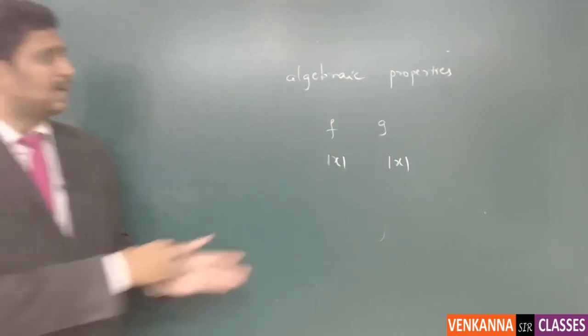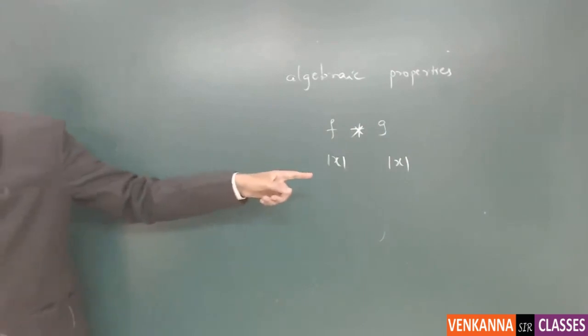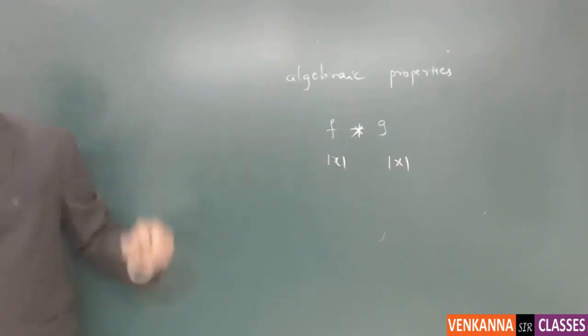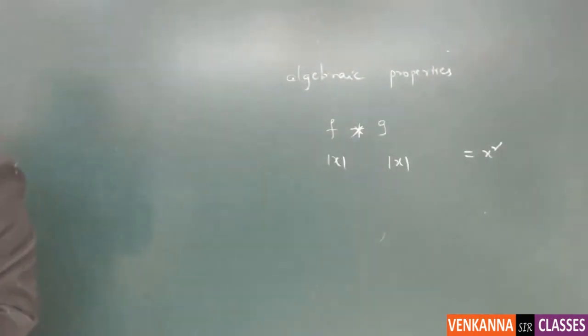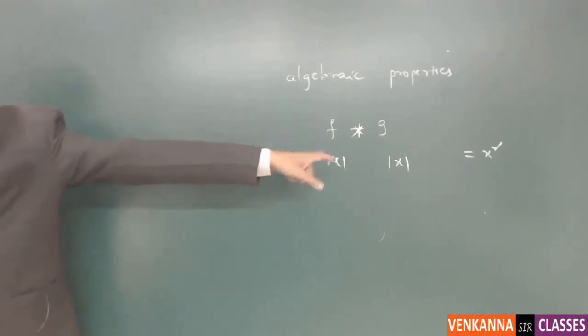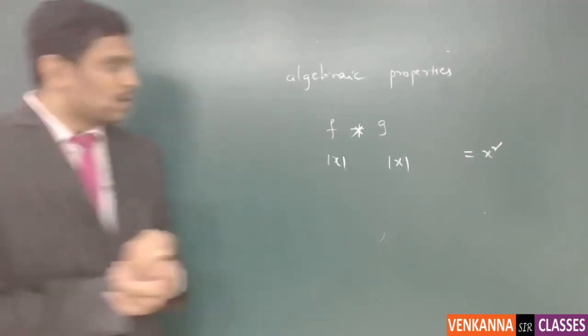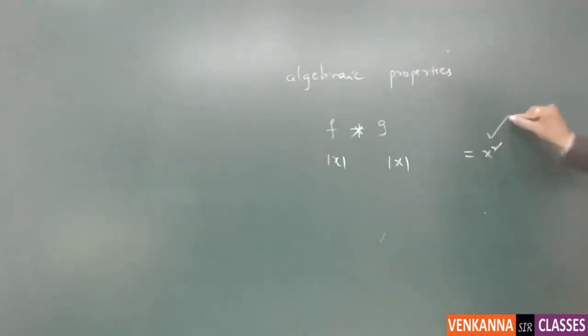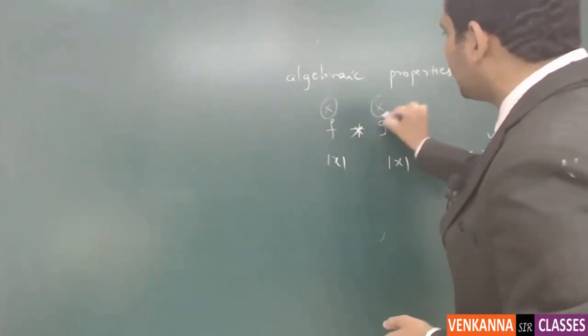Now, if you take the algebraic property like multiplication of these two, what will be f star g? The product, nothing but mod x whole square is equal to x square. Agreed? So, is the function x square differentiable at 0? Yes. Now, what was the one conclusion here? This is differentiable at 0, but these are not differentiable at 0.